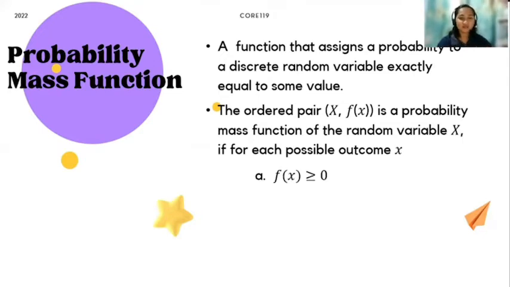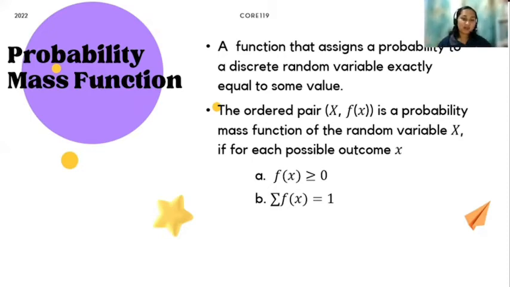We have to take note of all of these properties: the probability of simple events is greater than or equal to 0. The summation of the probabilities is always equal to 1. Same with the probability of simple events, when we talked about that in lesson number 1.